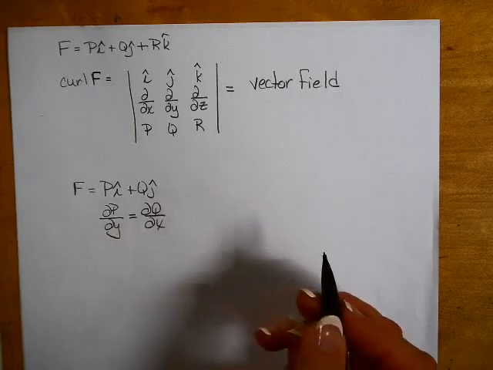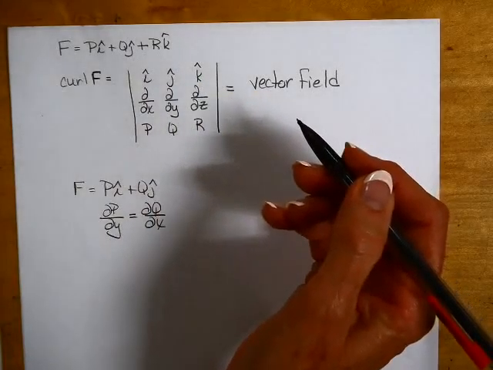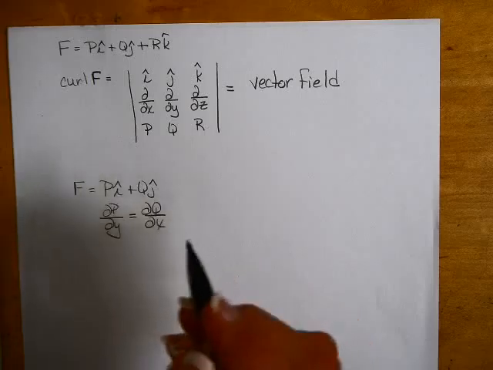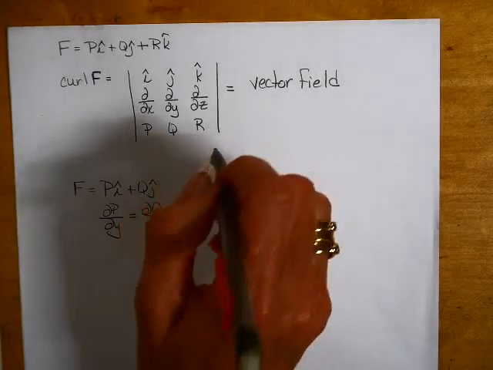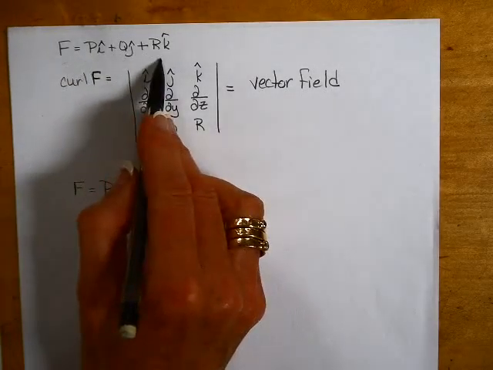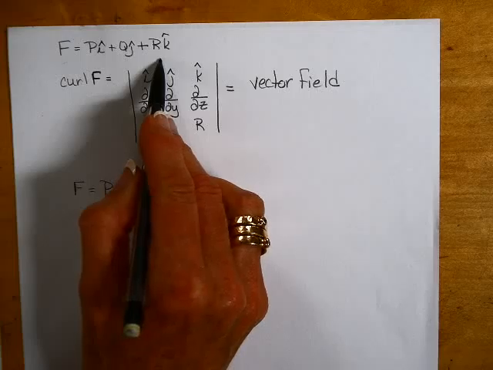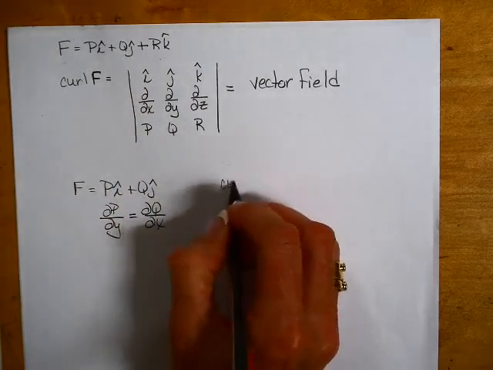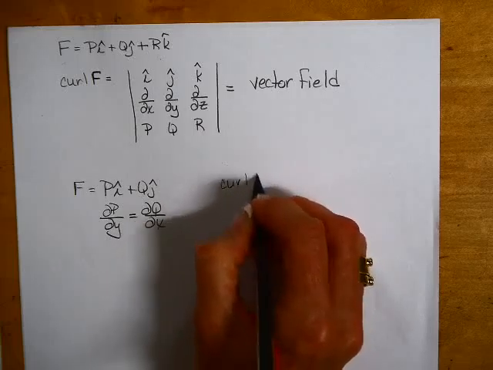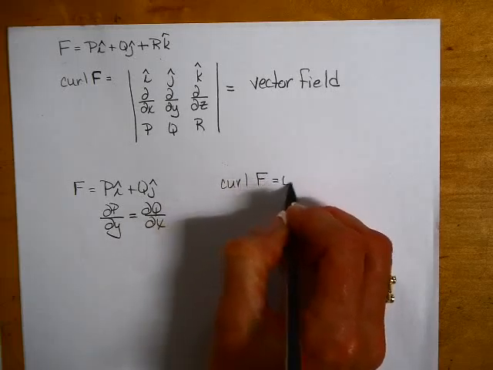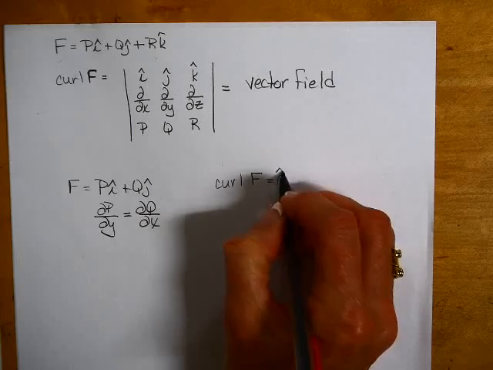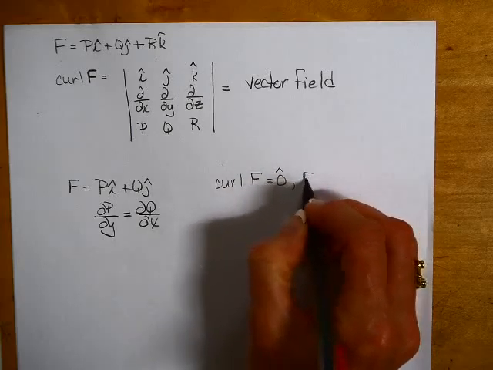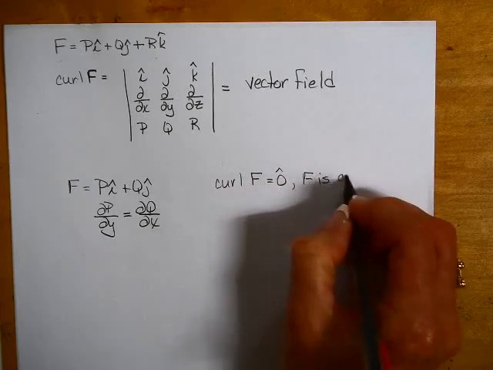If it was, then it's conservative. For a three-dimensional vector field, we didn't have a method until this. You see if the curl of F is equal to the 0 vector, then F is conservative.